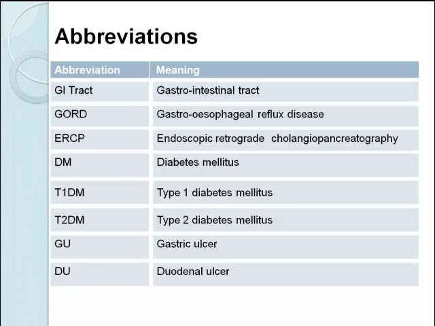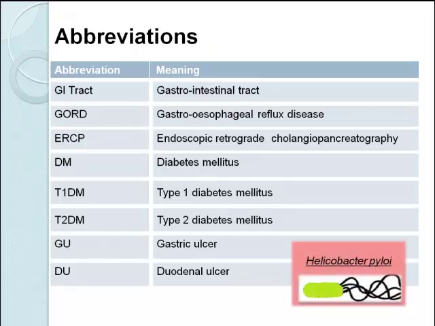What they discovered some years ago now was that these gastric ulcers, and in particular the duodenal ulcers, are caused by a bacteria, a bug, called Helicobacter pylori. This little chap here causes problems and can create ulcers in the stomach or the duodenum.